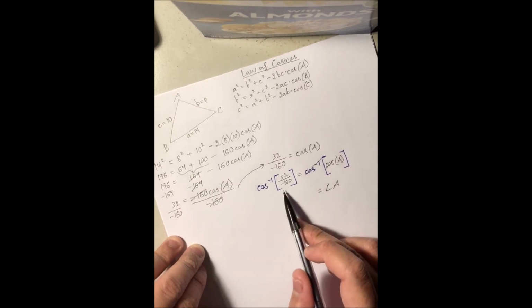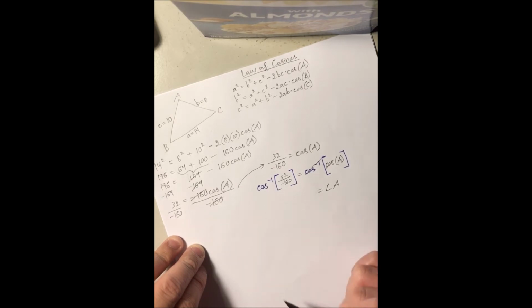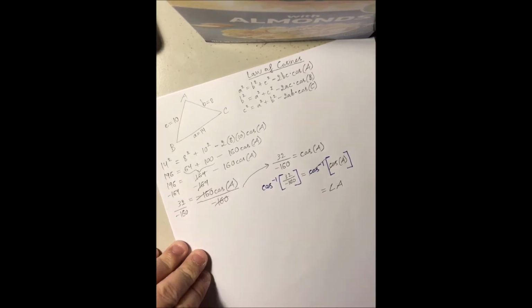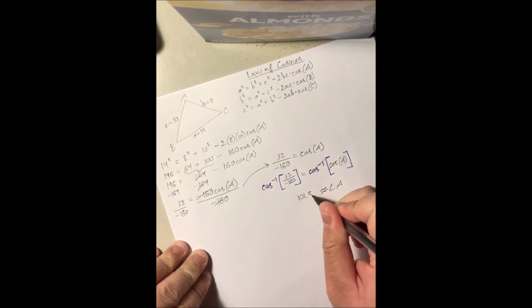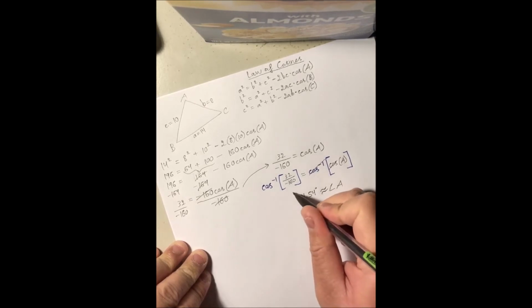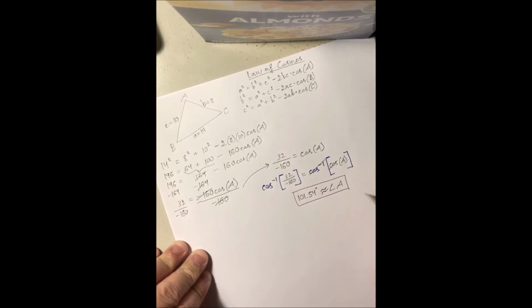Now on the left hand side, if I were to type it in the calculator, I'm going to have approximately 101.54 degrees. And of course, I rounded the decimal to the nearest hundredth, so that's how I got that. Okay, so be careful when you have a decimal number.